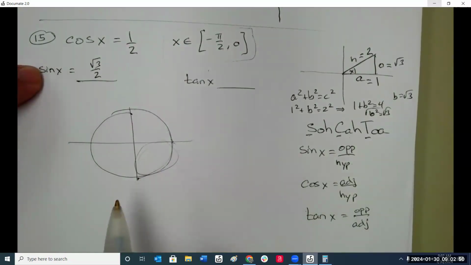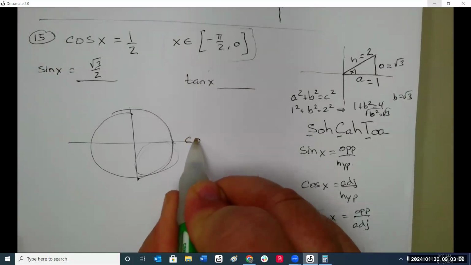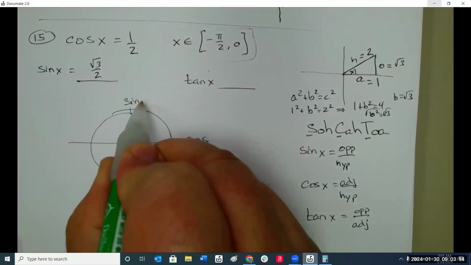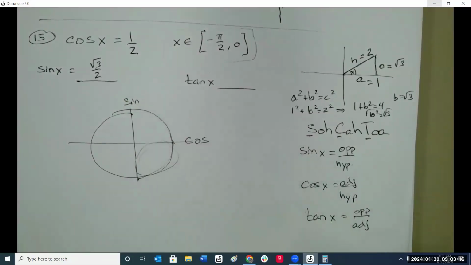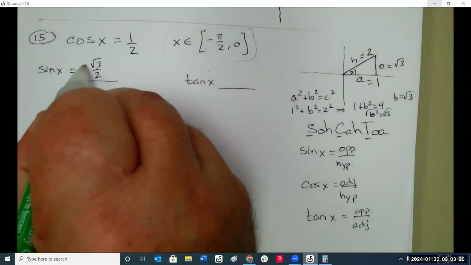So is it going to be positive or negative? Why negative? Or why positive? Very good. That's exactly what it was. Cosine is the x-axis. Sine is the y-axis, is the y value. Since it happens in this quadrant, it's all negative.